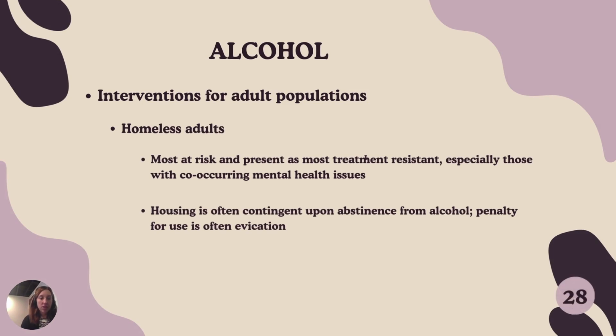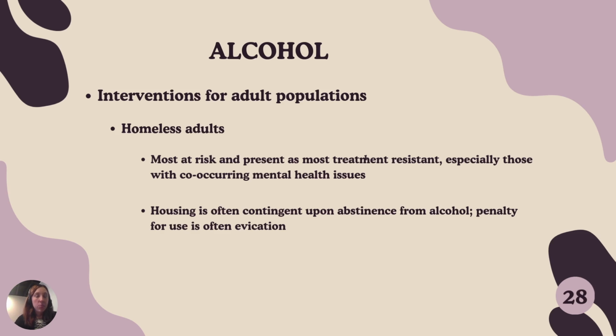Another population I think is useful to talk about interventions with is homeless adults, in terms of alcohol and harm reduction in relation to alcohol specifically. Many, if not most, are an at-risk group, and they present as often treatment resistant based on a variety of things, including oftentimes severe untreated mental health issues.